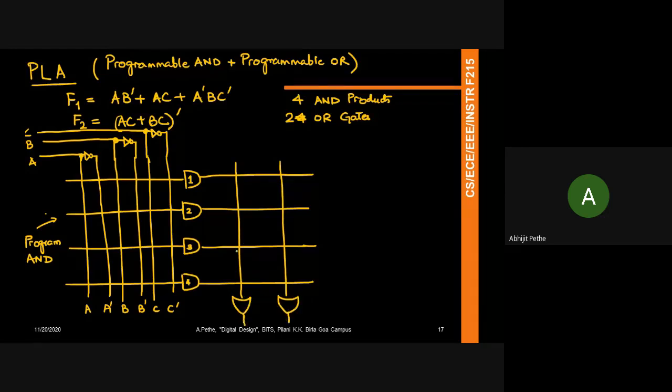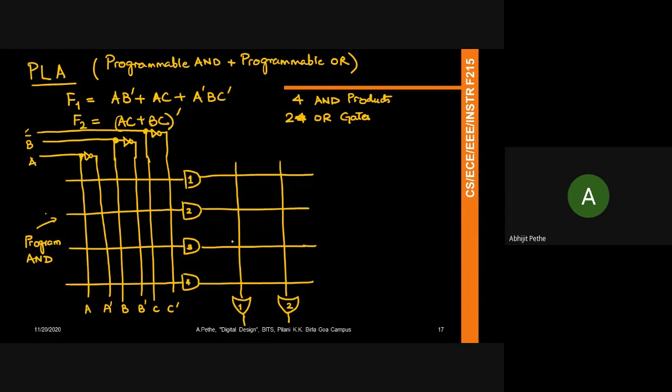So what this means is that there is a possibility that you can connect the OR to all the 4 inputs coming out of the AND. Now, as a user of this chip, you can pick and choose. So let's call this OR gate 1 and this OR gate 2. In the ideal case, you can connect the outputs of all the 4 AND gates to the input of the OR gate, or you can pick and choose what kind of input you want to connect, right?